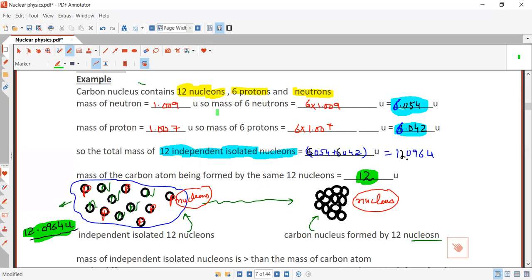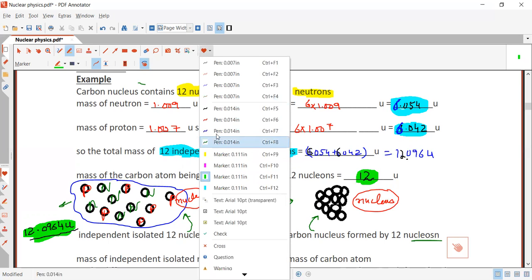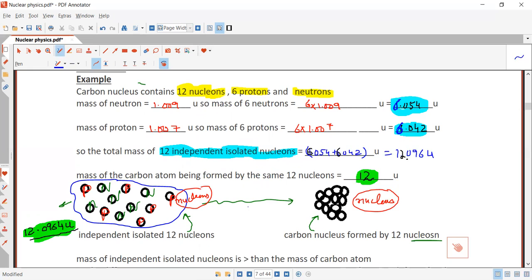Why is this mass decreasing? Einstein told us the reason about this thing. Einstein said that energy is released here when the nucleus is formed.